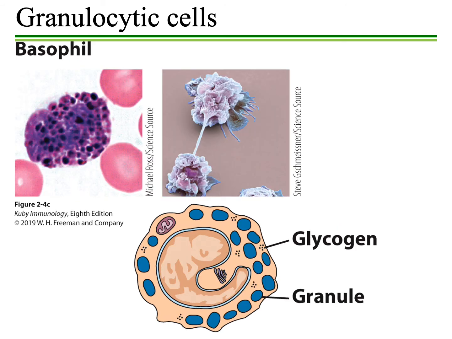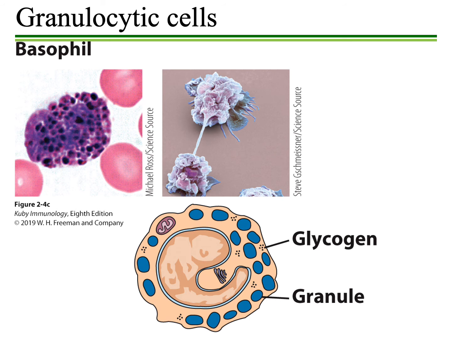The next cell type that I want to discuss is a basophil. A basophil is in fact the least abundant leukocyte type, makes up less than 1% of the white blood cells found in a typical vertebrate system. This particular cell type is not a phagocyte. It is involved in secreting cytokines, those signaling molecules that we've just discussed.